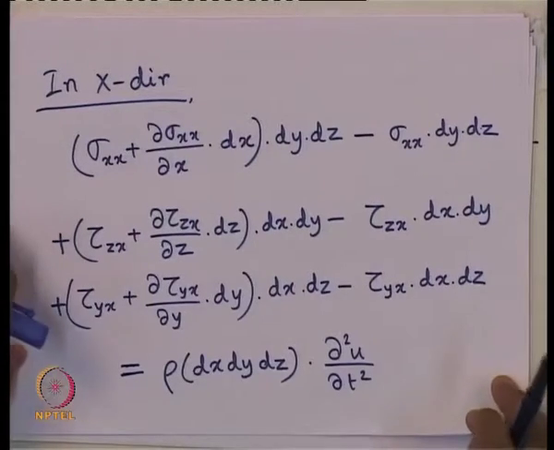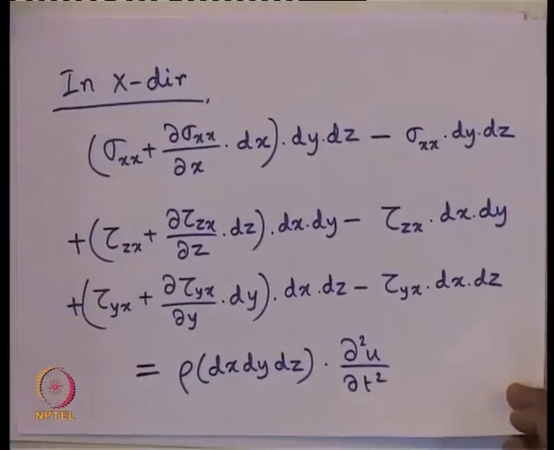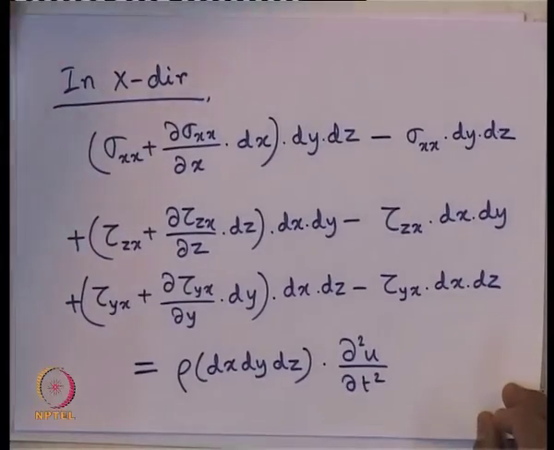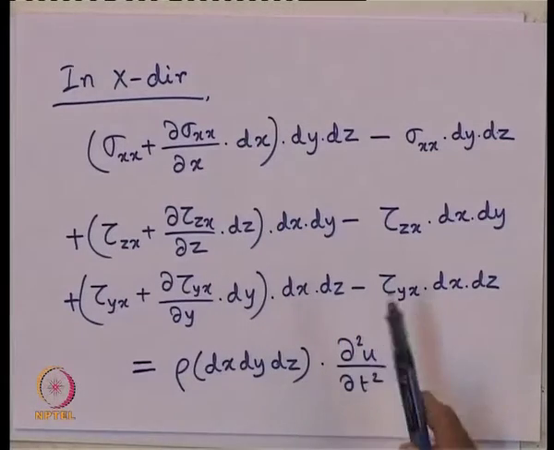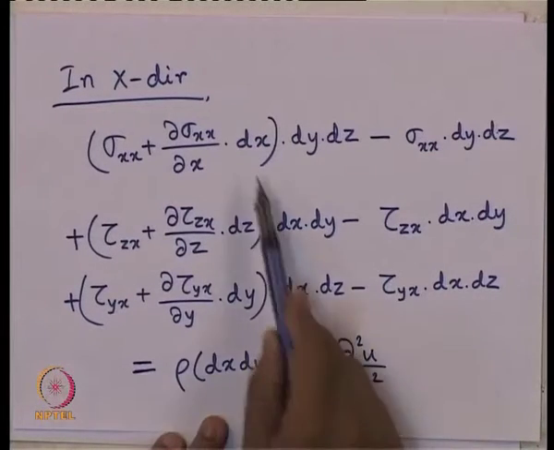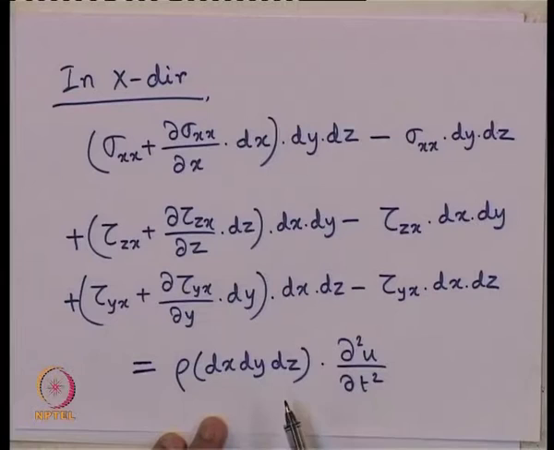Now, if we simplify this, what will we get? This term vanishes. dx dy dz is coming everywhere, so we can divide both sides by it because they are non-zero.